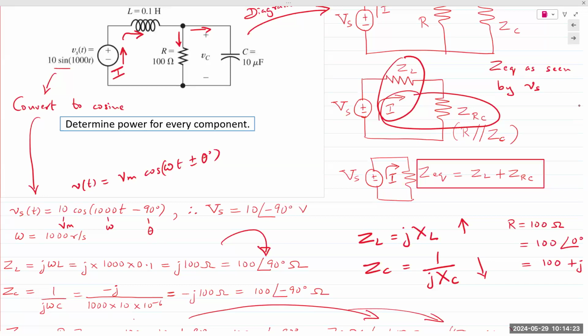Make sense? That is one approach. Then, if you take a look at the circuit diagram, what do we see? ZL and ZRC are in series. Voltage divided across a series combination of impedances or series combination of resistances. Voltage division. You can apply voltage division directly and find the voltages that way. So whether you have current or whether you have voltage, you can find power by applying both equations.